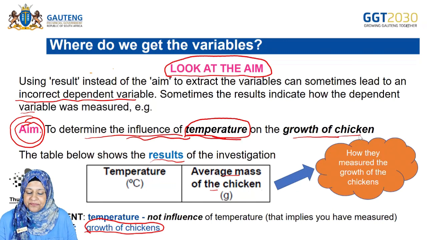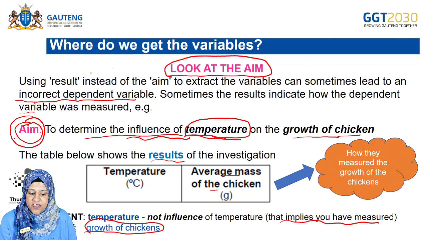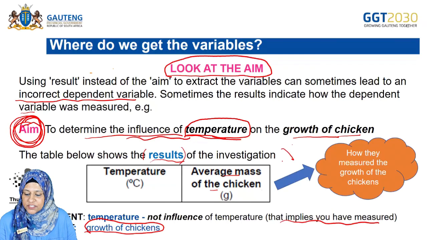So the independent variable is just temperature, not the influence of temperature, because this implies that you have measured already and we are still conducting the investigation. And as I said, the dependent variable is the growth of the chicken. So therefore use the aim. Very important, use the aim and not the results. Not the results, because then you'll get the wrong dependent variable.